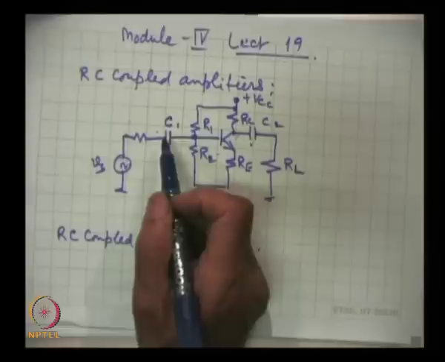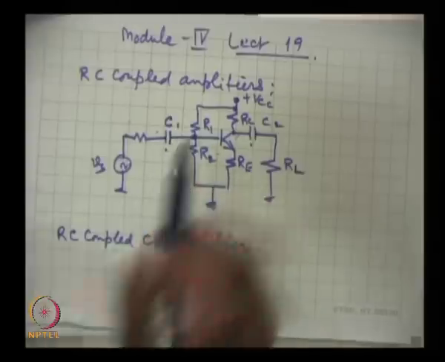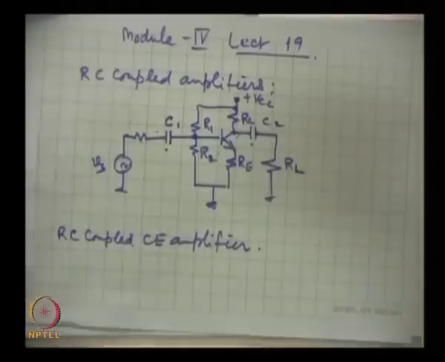You will recall that DC cannot pass through a capacitor. So if there are several RC coupled stages, from the DC point of view all stages can be individually analyzed and designed, and they will work perfectly all right, and that is why RC coupling is used.